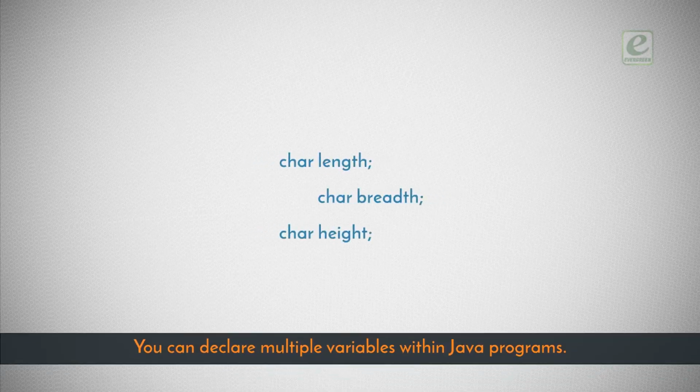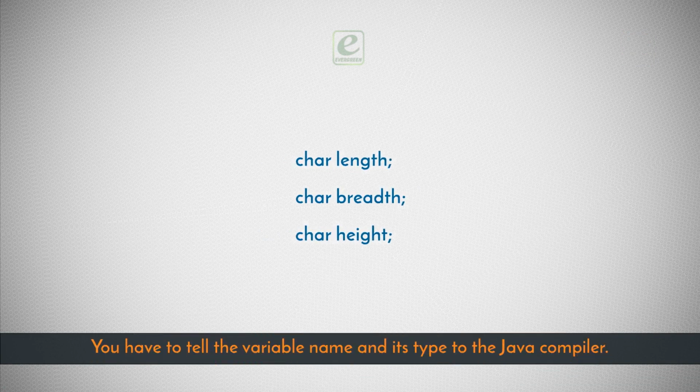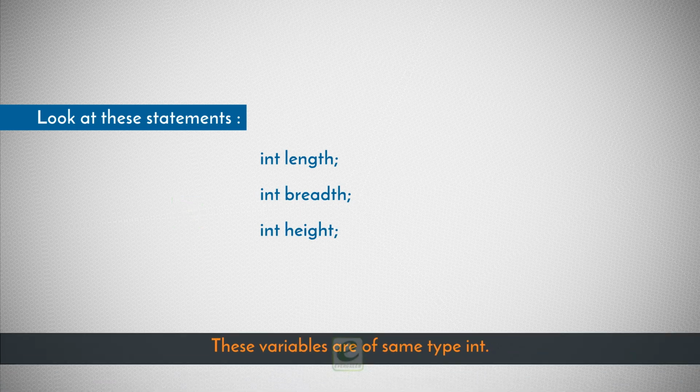Declaring multiple variables. You can declare multiple variables within Java programs. You have to tell the variable name and its type to the Java compiler. Look at these statements: int length; int breadth; int height; These variables are of the same type, int.